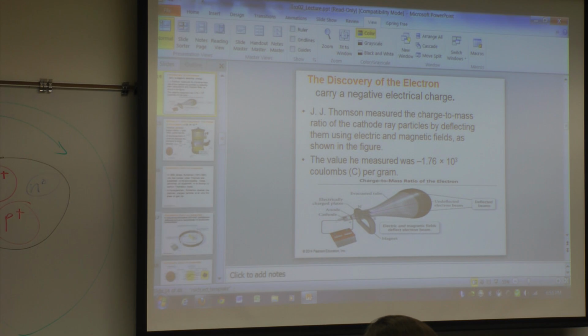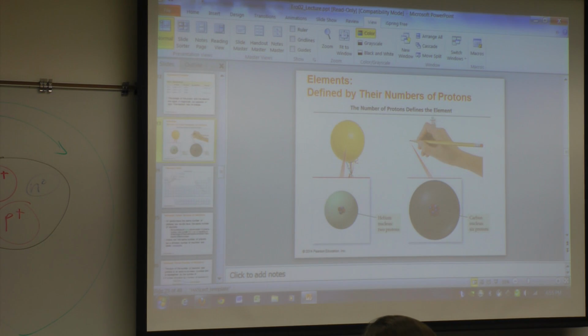And it turns out it was the electrons. So as we go on, the elements are defined by their number of protons. So carbon has 6 protons, nitrogen has 7 protons, oxygen has 8 protons. Is that right? Okay.